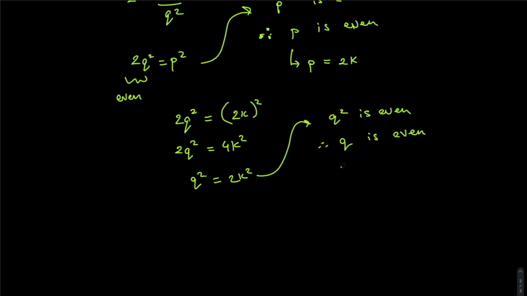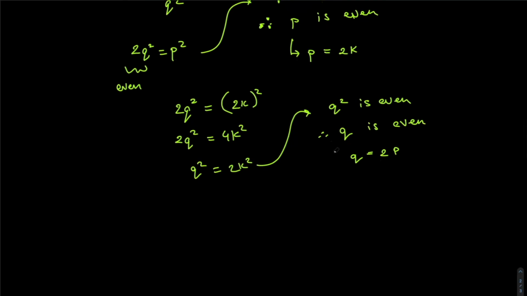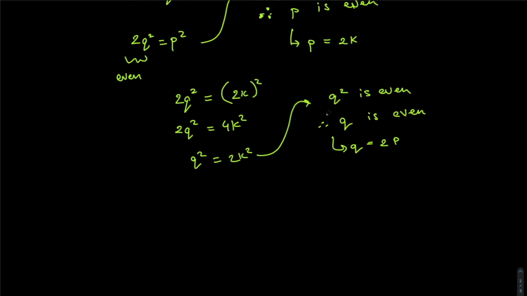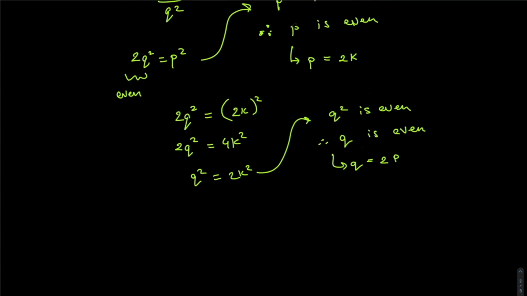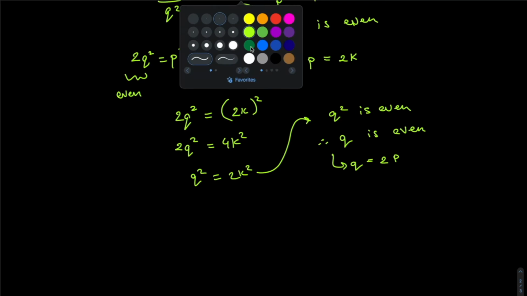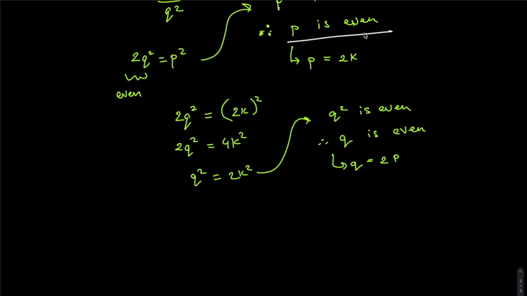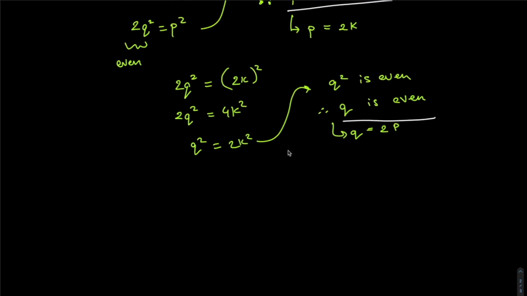So now we can say q is also some multiple of 2, with another constant. Now here's the contradiction that I'm going to bring out. We have p is even and we have q is even. When something is even, they have a common multiple. That common multiple is 2. Any number that is even is some number multiplied by 2. So if q is even, it's some number multiplied by 2.